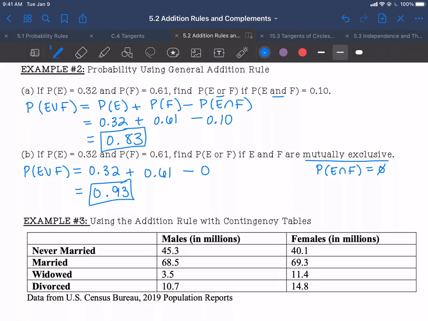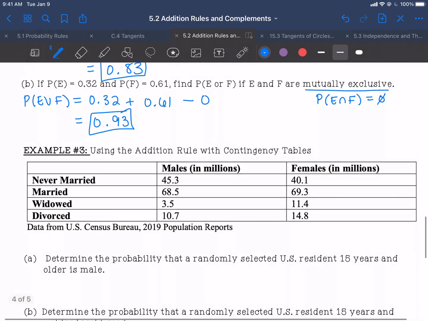All right, example 3 here, using the addition rule with contingency tables. These are also referred to as two-way tables, two-way frequency tables even.